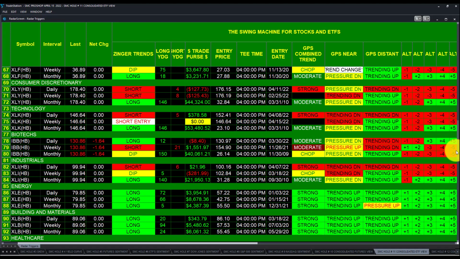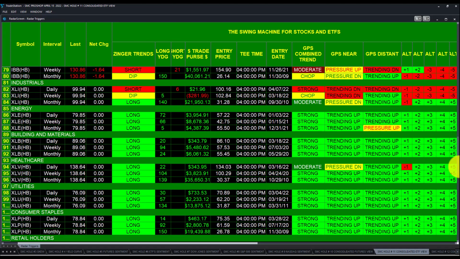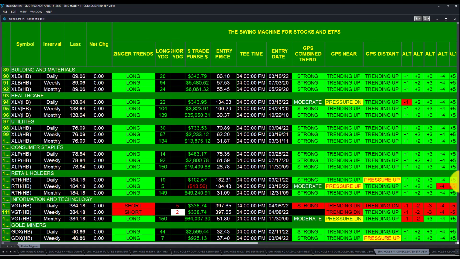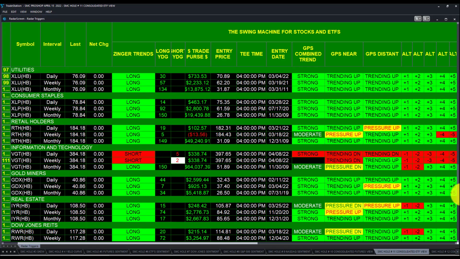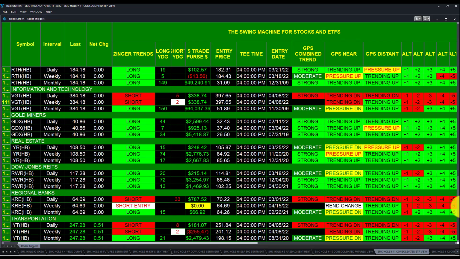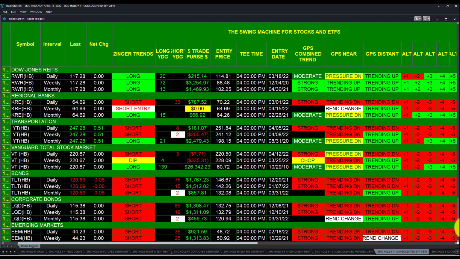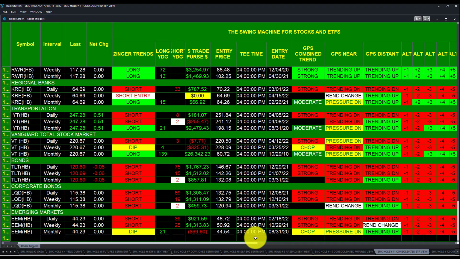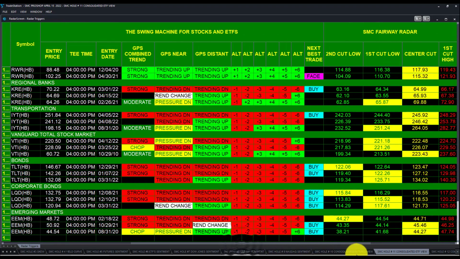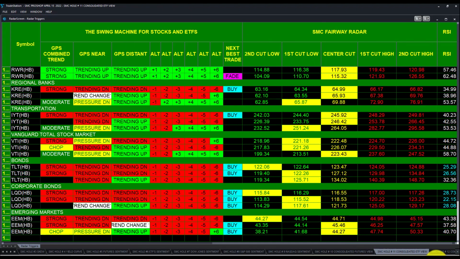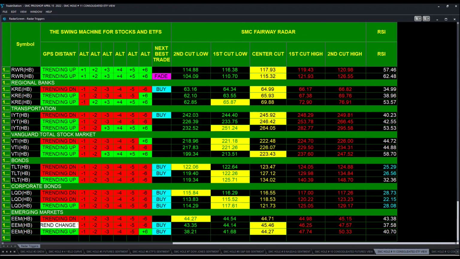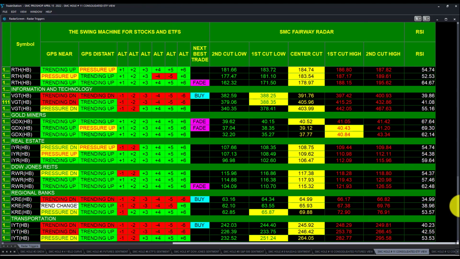We can't possibly comment on each and every one, but we'll show you each and every one. Now we look at the consolidated view only on Sundays. And now we can see the support and resistance levels on all the ETFs.